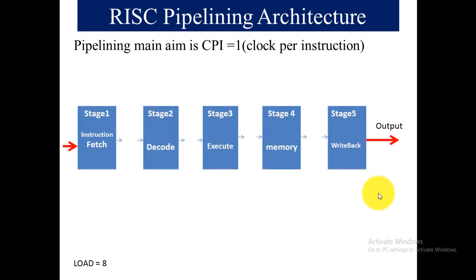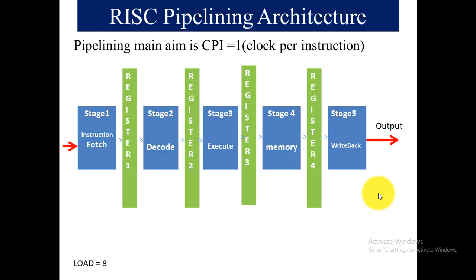As we have discussed, there is one input and one output and 5 stages in a RISC architecture, and in between there are interface registers, and all the registers, because they save the states of the instruction execution, are connected to the clock.